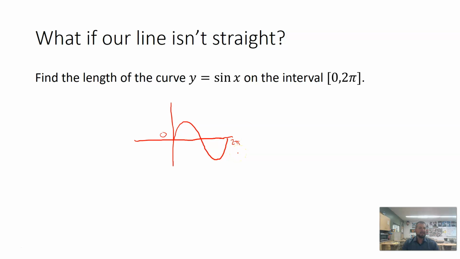If I were to ask you to find out how long that curve is, in other words, if I were to follow this curve along the entire time and find out the length of it, that's going to be a much bigger issue. The reason is nothing is straight on that particular line. There's curves all over the place, and that distance formula that we were talking about only applies to straight lines. So although there is a way to find it, it's not nearly as easy to see, at least immediately.